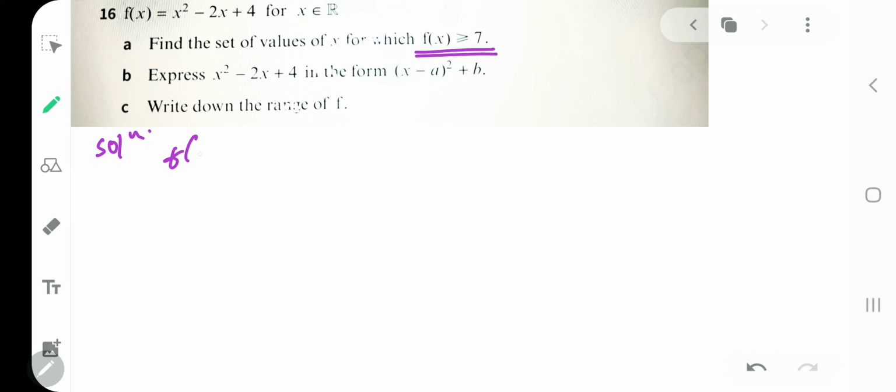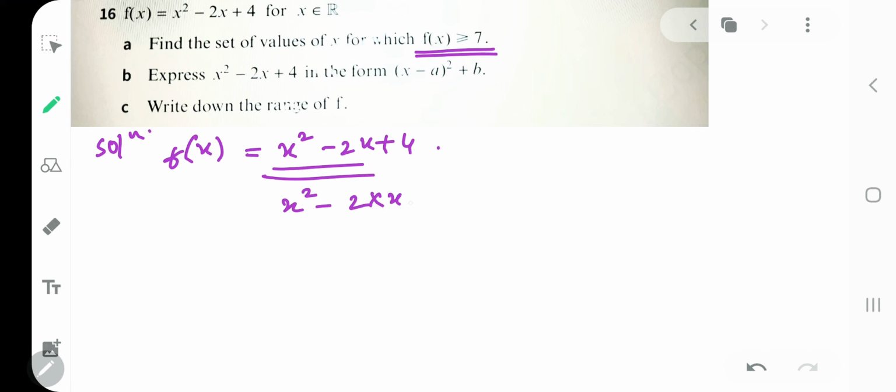It is given f(x) is equal to x square minus 2x plus 4. First, as we know, we will split it: x square minus 2 into x into 1 plus 1 plus 4 minus 1. So that will be (x minus 1) the whole square plus 3.